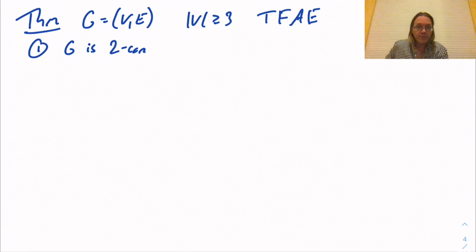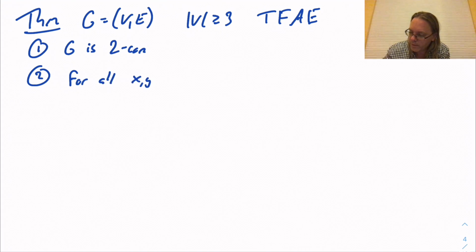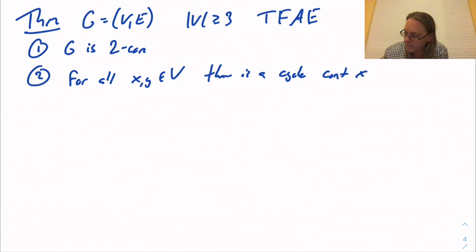Now, I've already promised you the graph G has at least 3 vertices. So if you already know that G has at least 3 vertices, then saying it's 2-connected means it's connected and there's no cut vertex. Property 2: if I give you any 2 vertices, there's a cycle containing them. So for all x and y, there is a cycle containing x and y.